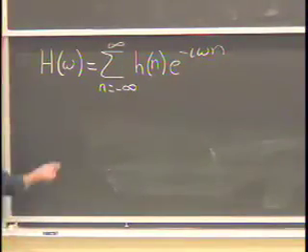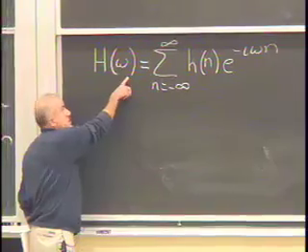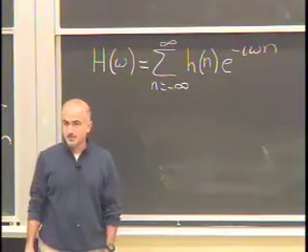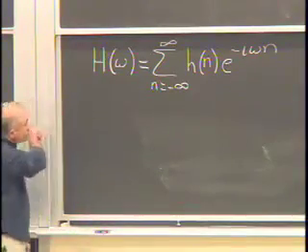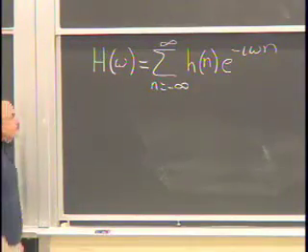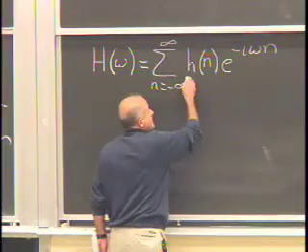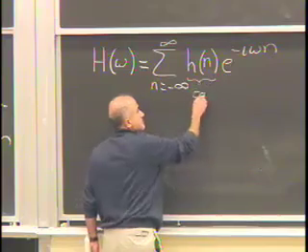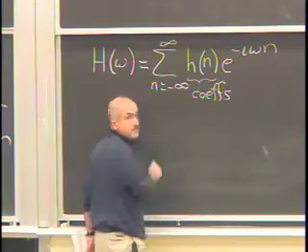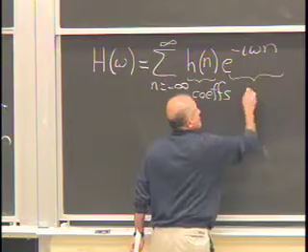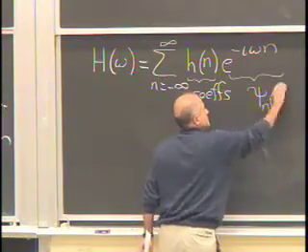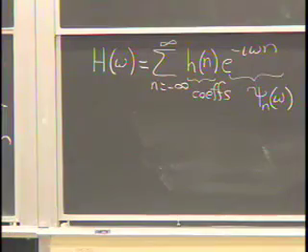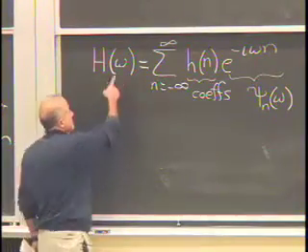What this says is that I have a function of a continuous variable omega, that I'm writing as a linear combination, where these are the coefficients, of a bunch of these c_n functions.